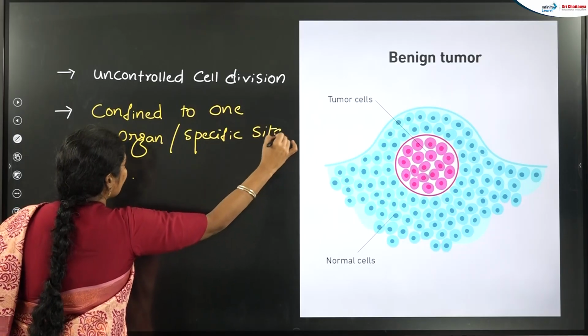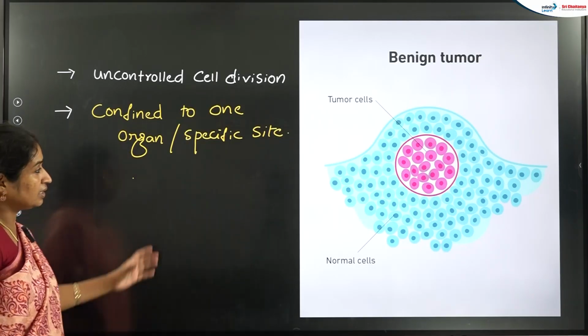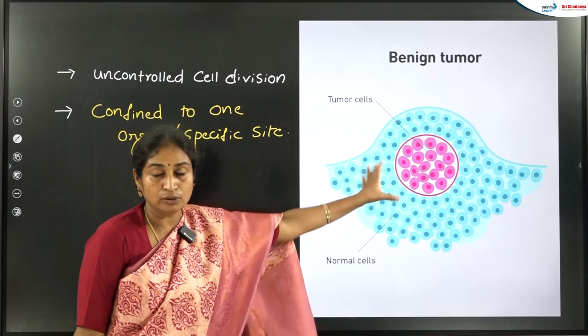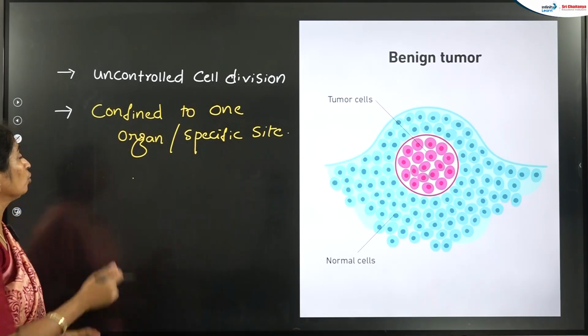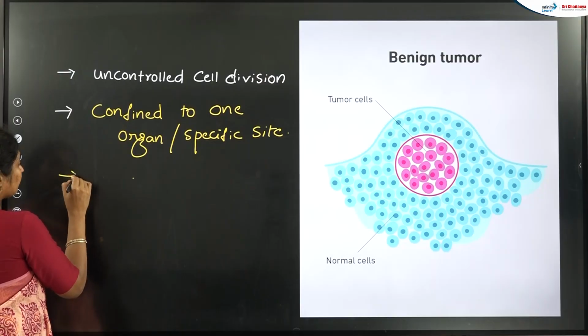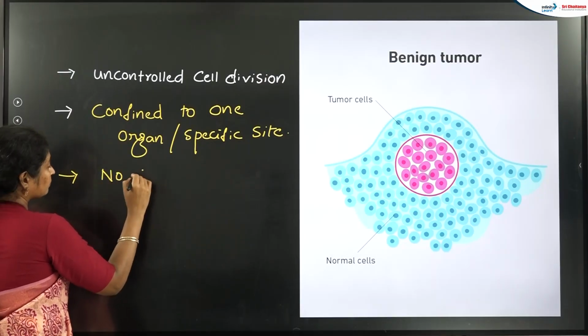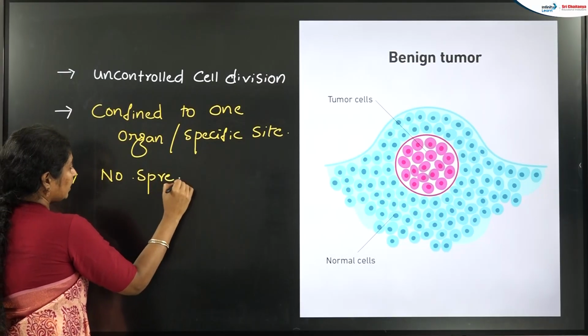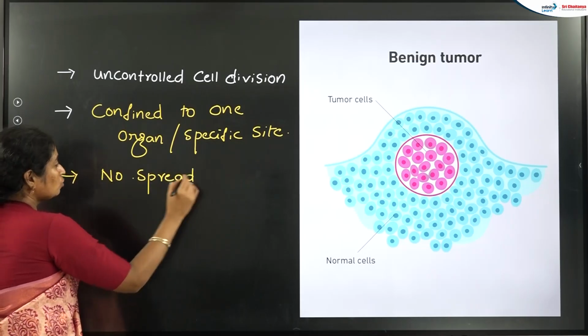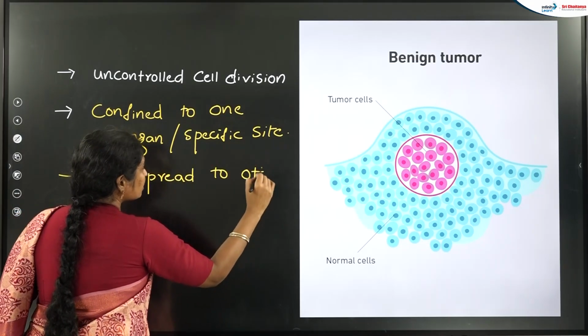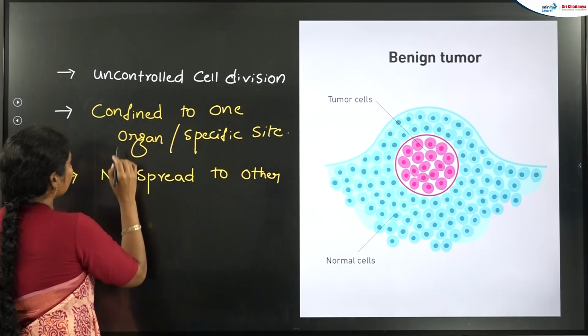Wherever the proliferation has happened, the cells are present at that site only. That is what is known as a benign tumor. There is no spread to other organs.